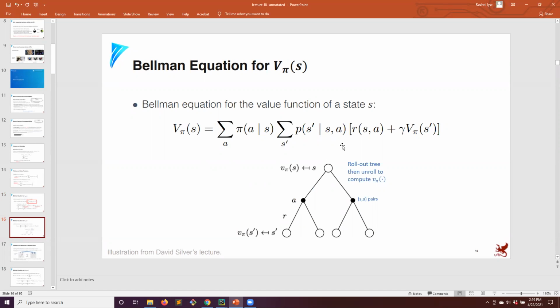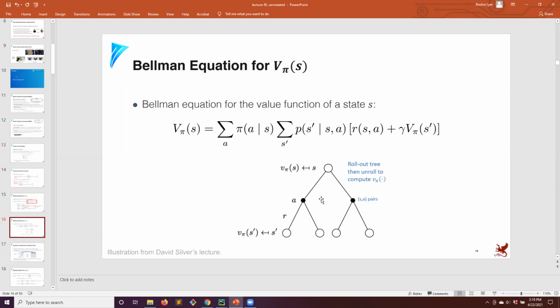Okay, so this is just more of a computation tree, just describing this. We start with the state S, which is, say, this node kind of denotes that, and then we kind of enumerate over all of the possible actions that we can take.